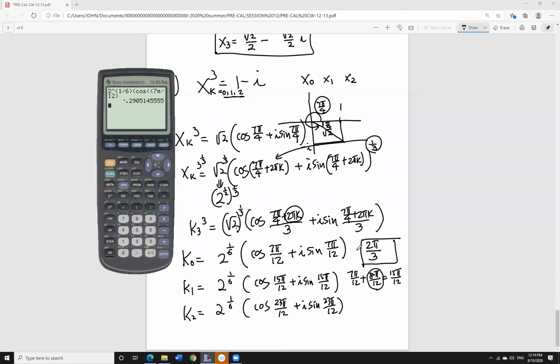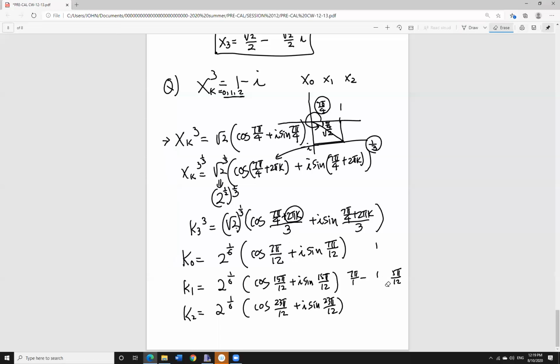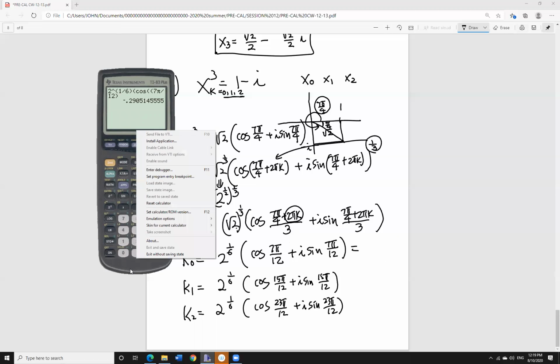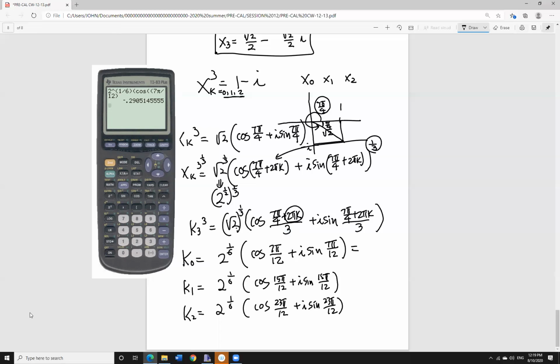So this one is negative 0.29. Now take a look at the imaginary part.